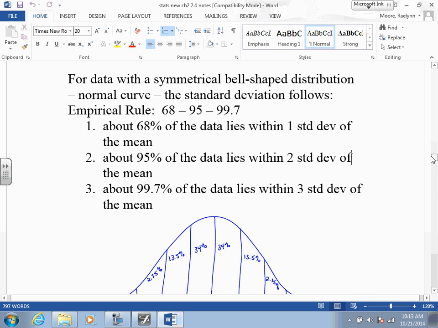I figure out all my standard deviations right off of that. All right. So we have what we call the empirical rule.